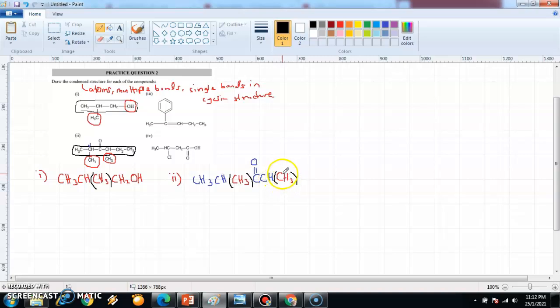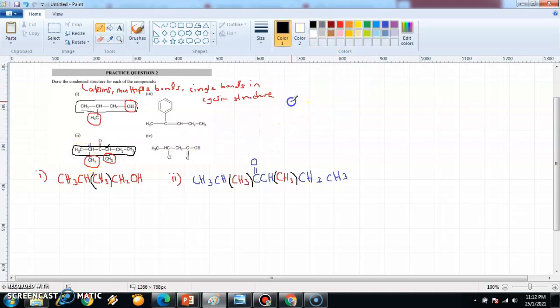So CH3 sits in front of this carbon, because it belongs to the fourth carbon. We have settled the fourth carbon. Next, the fifth carbon has CH2, and the sixth carbon has CH3. This is our condensed structure for question number 2.